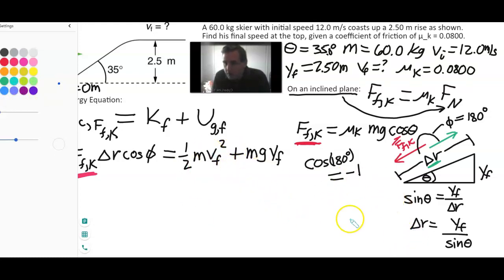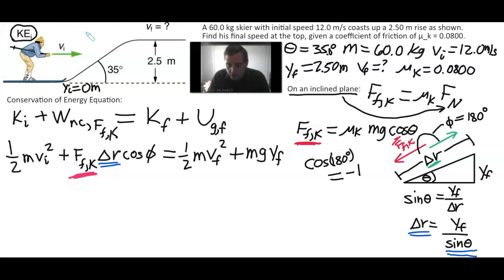Let's see, I'll do a double underline. That's the expression that's going to go in here for delta r. And then how about cosine of phi? Well, cosine of phi is just equal to -1. Gosh, I'm having trouble writing here. -1, there we go. That's what we already said, because it's cosine of 180 degrees.